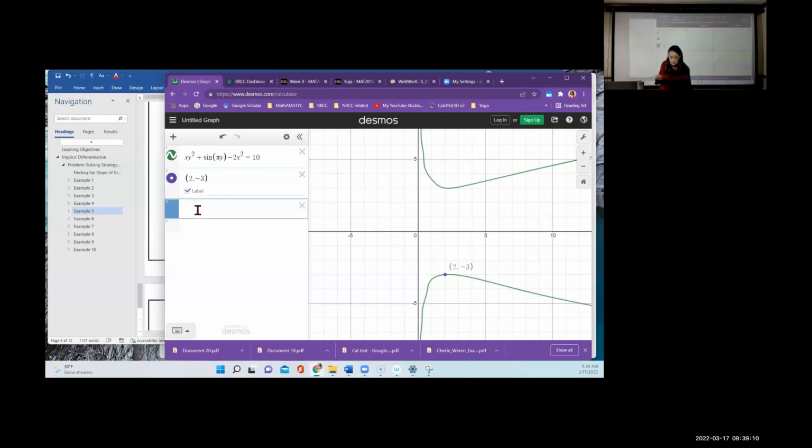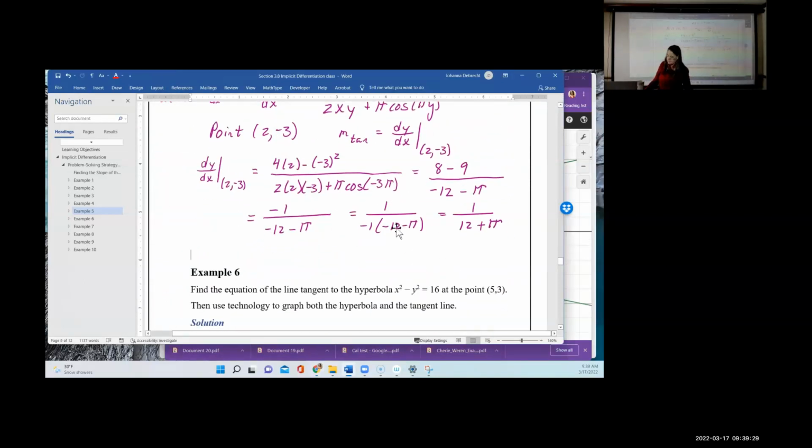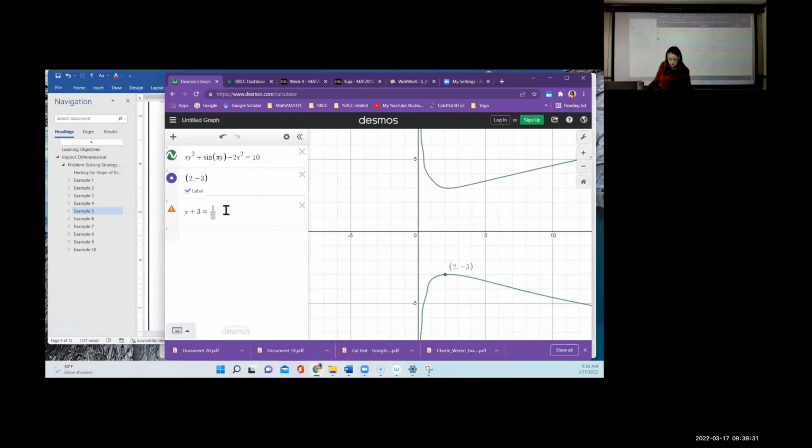So remember, for the equation, you're going to do y minus y1. So y minus a -3 would be +3, equal to the slope of our tangent line, which is going to be 1 divided by 12 plus pi, multiplied by x minus 2.